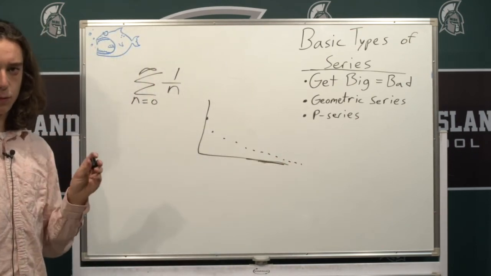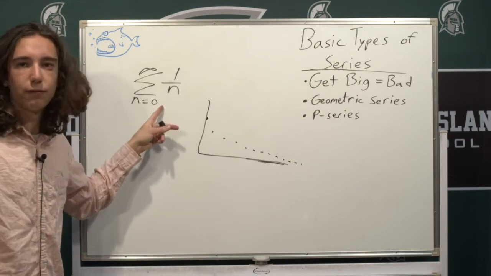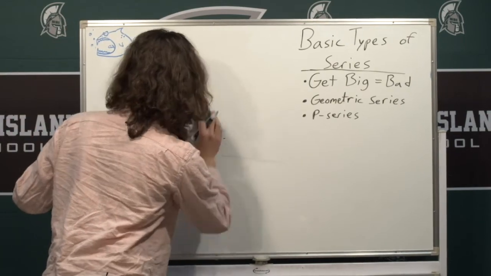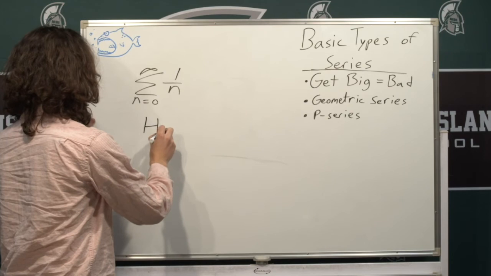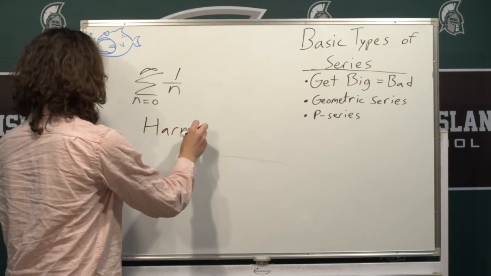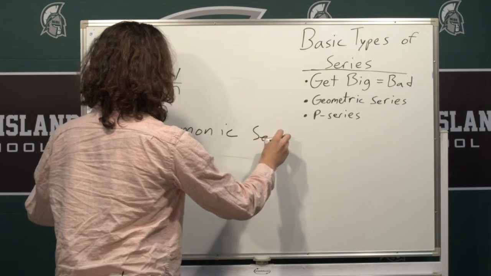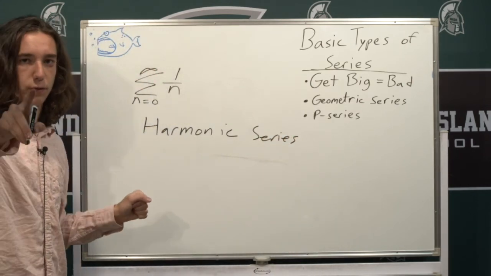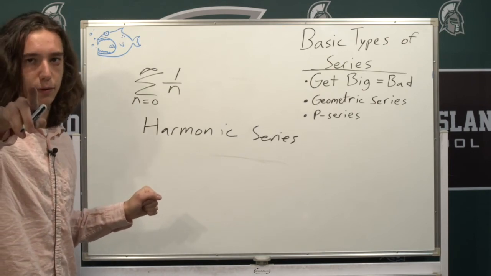And this was pretty cool to some people in ye olden days, and so they decided to give this very simple series its own fun name. This series, 1 over n, is called the harmonic series. And it does not converge. The harmonic series diverges. If you've learned anything, the harmonic series diverges. Always remember that the harmonic series diverges.